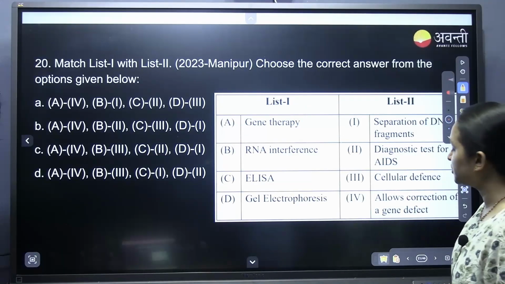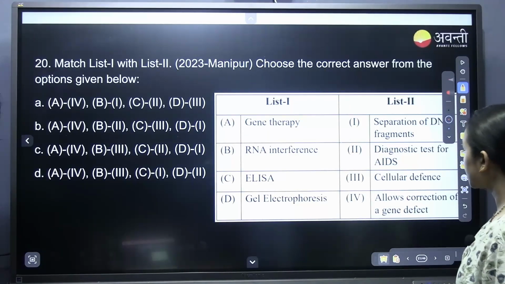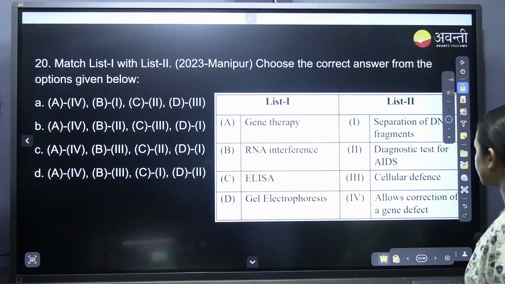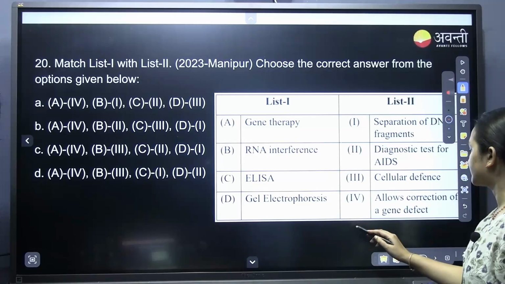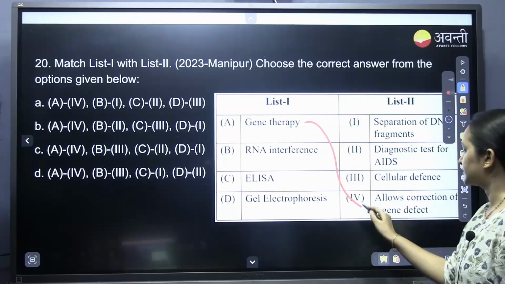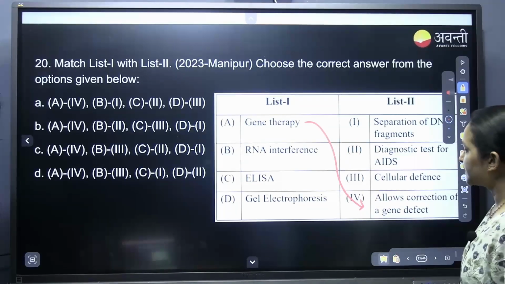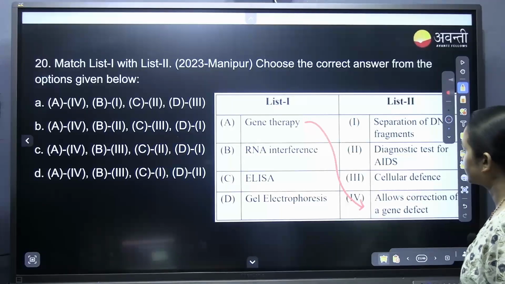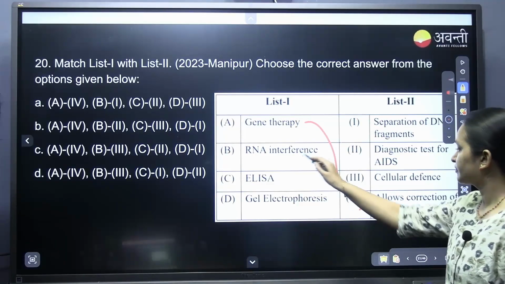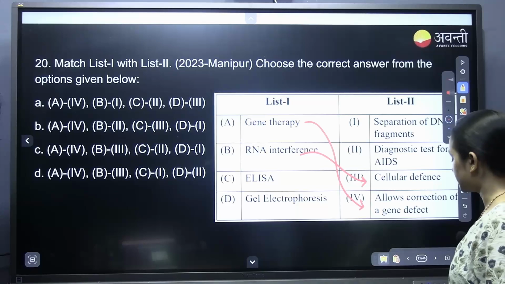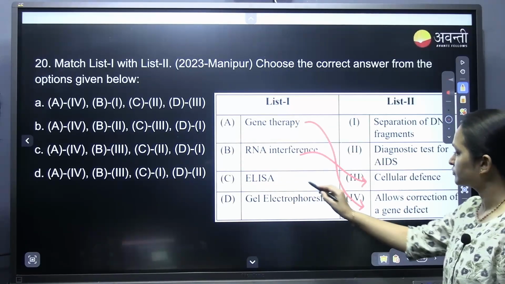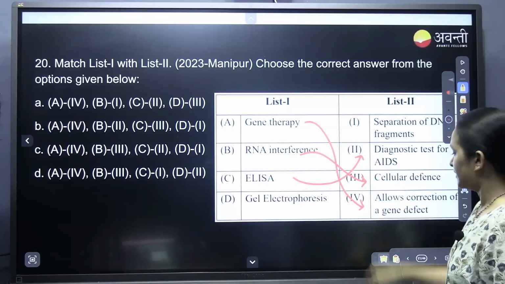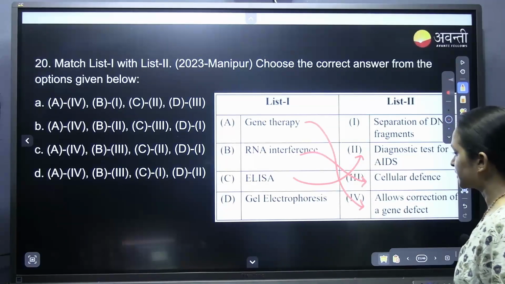Match list 1 and 2. Gene therapy allows the correction of gene defect. RNA interference, cellular defense in eukaryotes. ELISA, diagnostic test for AIDS.